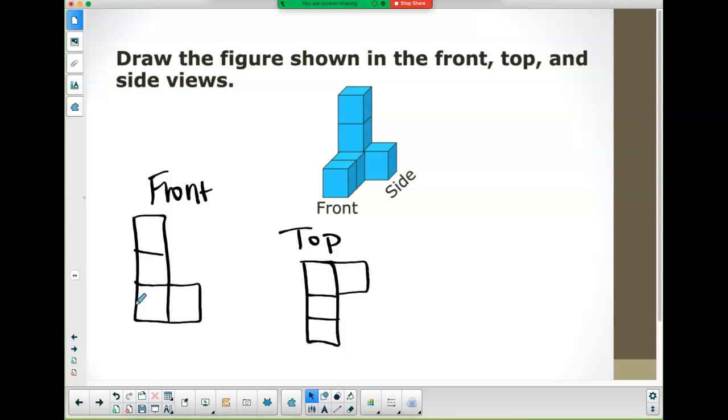Okay. All right, this was the front, so that means this is the side. This is the side view. If I was to squish it flat, what are we seeing?